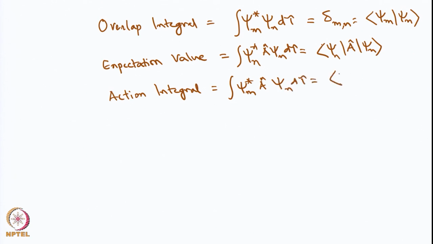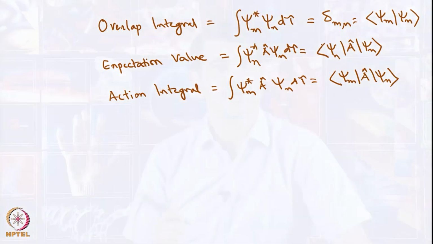This is nothing but psi m A psi n. Now the expectation value is a special case of the action integral. Then we also defined something called Hermitian operator.